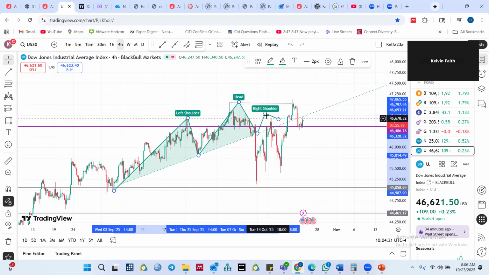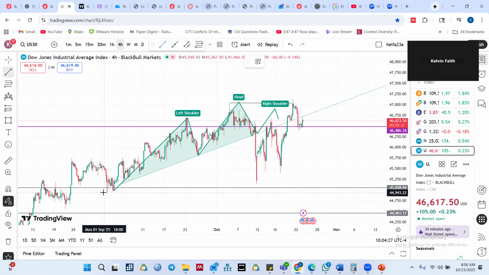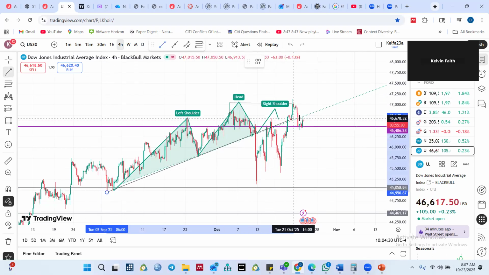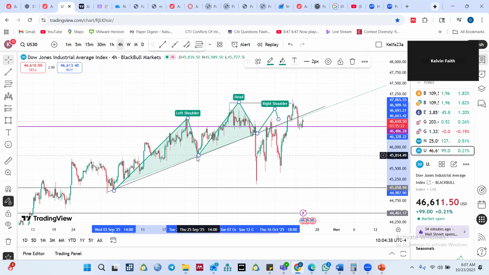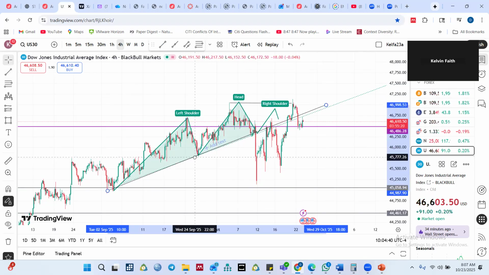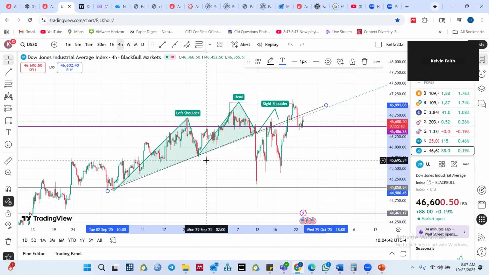It means that we have to wait for price. Let me put a trend line here. Pay attention, so that I want us to take the trade with understanding.